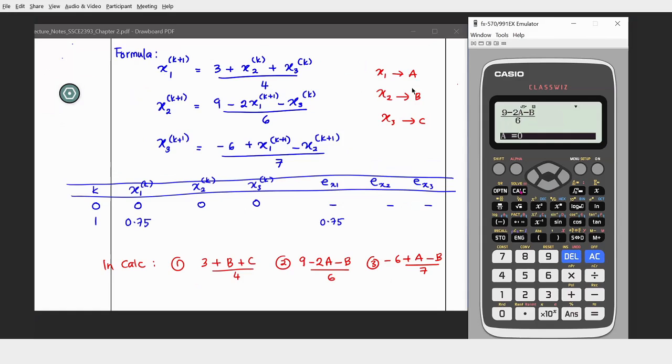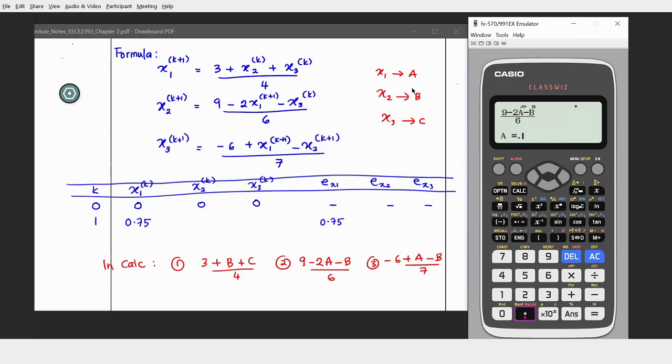So in Jacobi, you will put a equal to 0, the previous one. But in Gauss Seidel now, you are going to put the latest a that you have. A refers to your x1. So in your table, you already have your x1 at the current stage. So your x1 is 0.75.